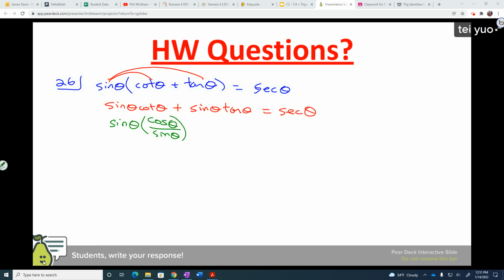And tangent is sine over cosine, so sine theta times sine theta over cosine. We get one cancellation here because these are opposites, so it comes off. Then we're left with cosine theta plus sine times sine, which does not cancel, unfortunately. It's sine squared theta over cosine.